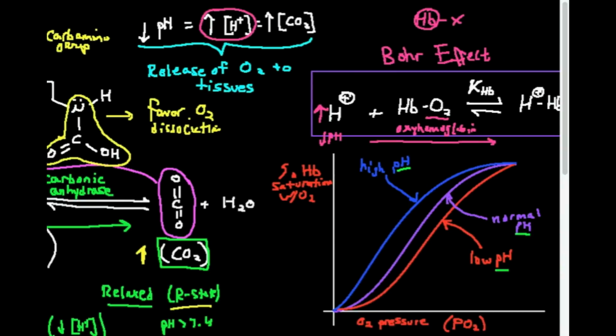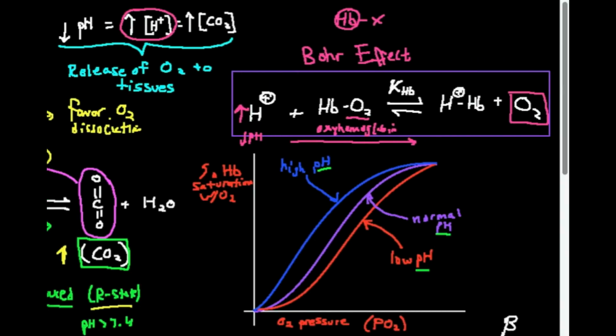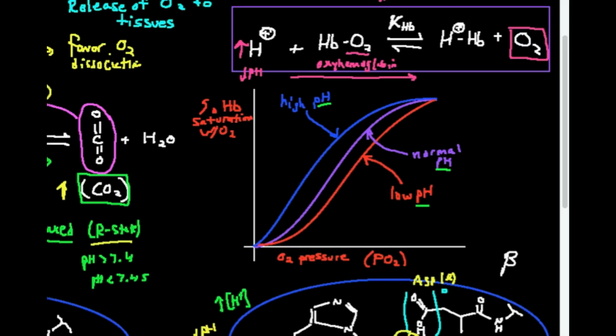So if I come back to what we looked at in the last video, this Bohr effect graph, I can also extend this to when I have this curve for low pH, this also means high carbon dioxide, and for high pH, this means low carbon dioxide. If I take any general pressure of oxygen here and draw a line up and see where it bisects the graphs, I can see that at low pH, the red curve, there's a lower percent saturation with oxygen.